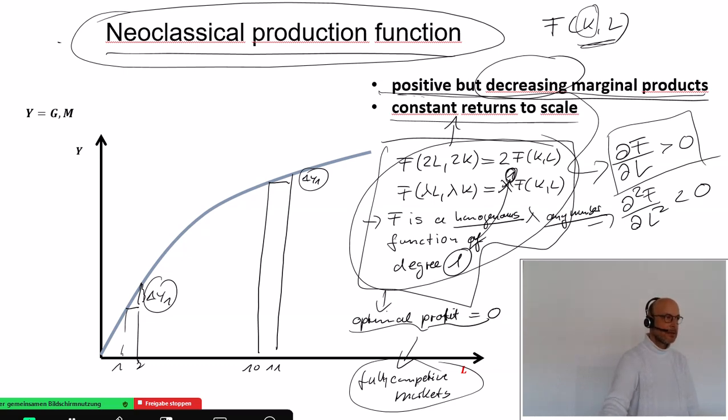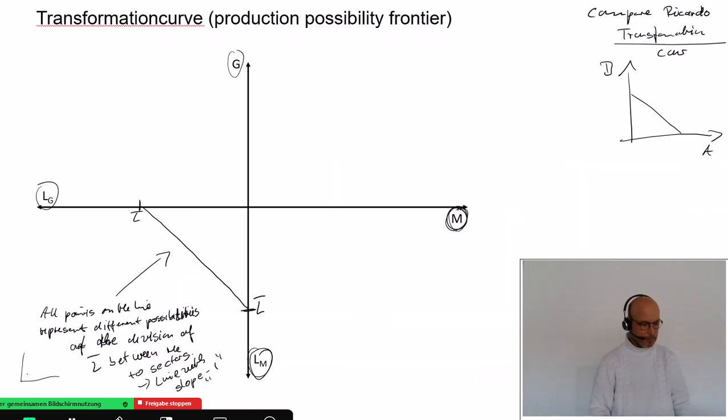So what does this mean? We just take this diagram and move it 90 degrees to the right. Okay? Then, of course, our production function looks like this.